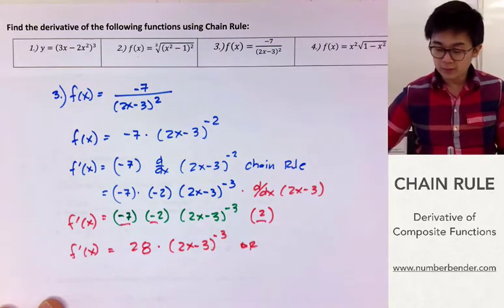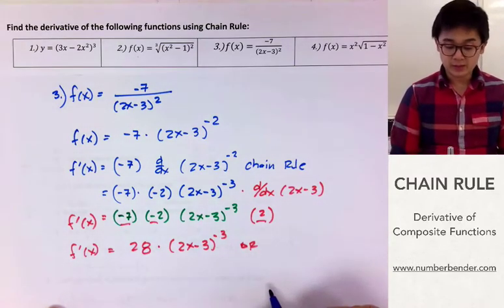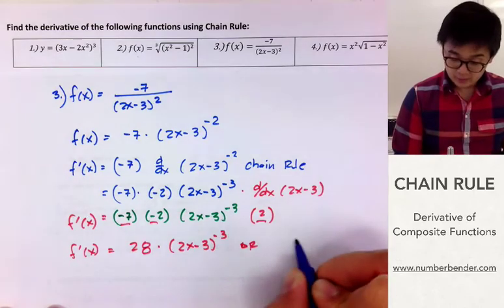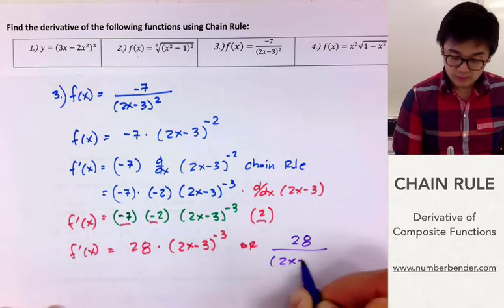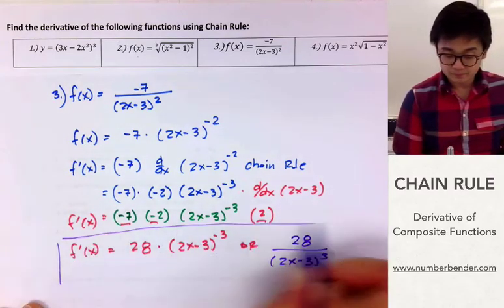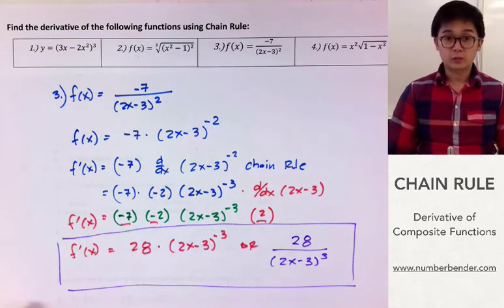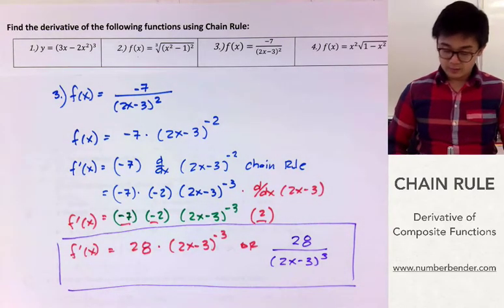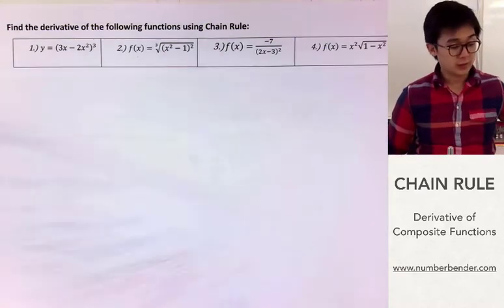Or we can modify this by changing the negative exponent into a fraction. So we'll have 28 all over 2x minus 3 raised to the third power. So this is how we can use the chain rule in finding the derivative of this rational function over here.